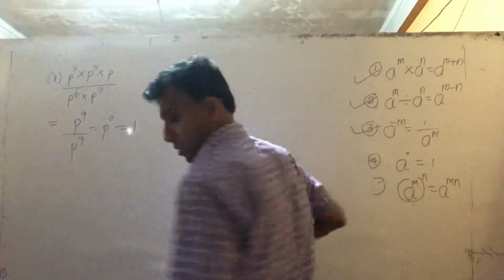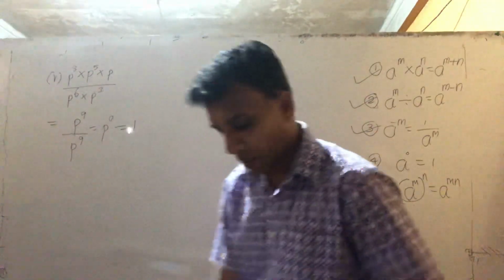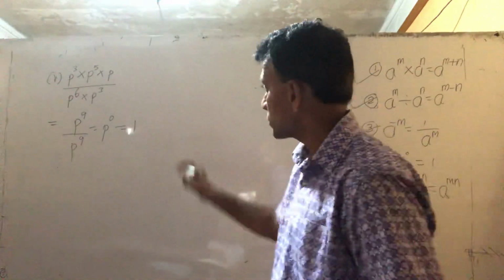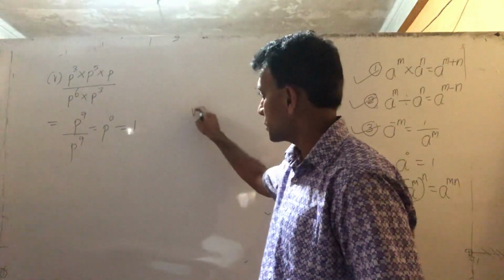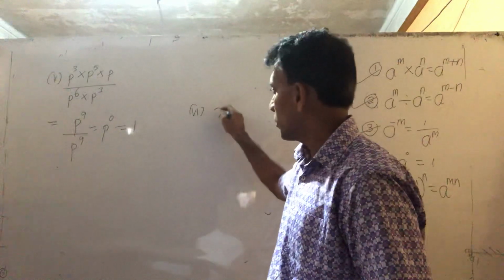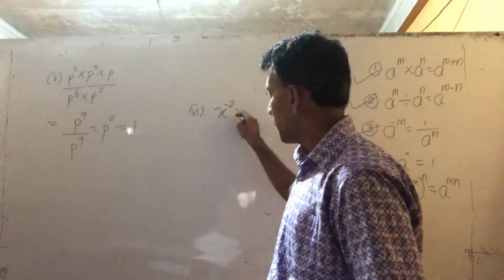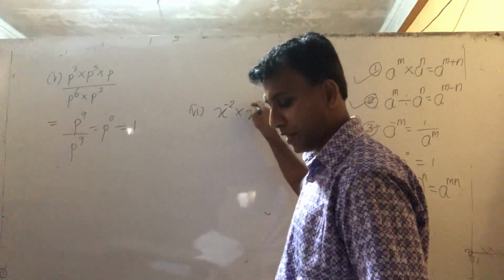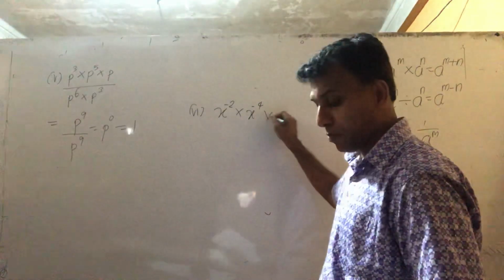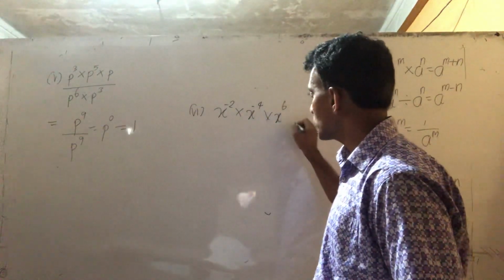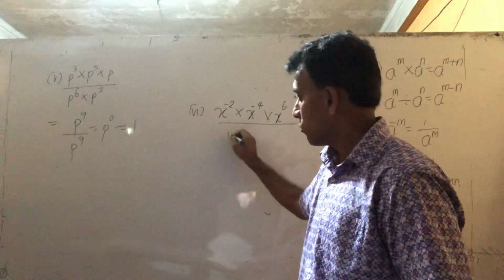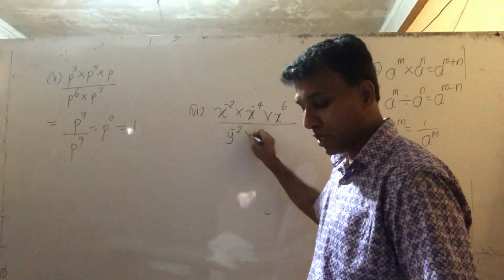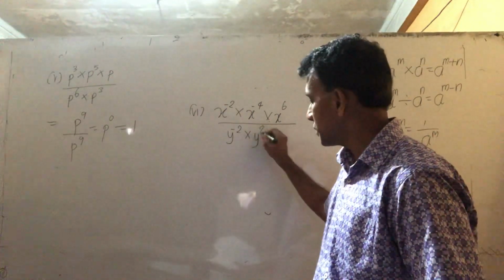See, the last in this exercise, there is problem 6. x to the power minus 2 multiplied by x to the power minus 4 multiplied by x to the power 6, over y to the power minus 2 multiplied by y to the power 8.